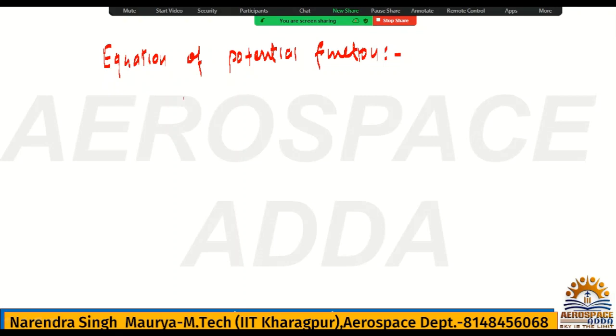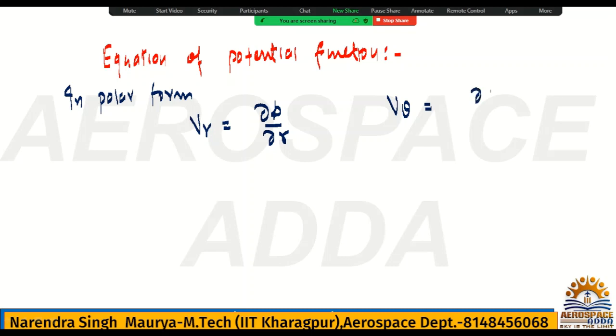In polar form, it was given Vr is equal to dou phi by dou r, and v theta is equal to 1 by r dou phi by dou theta. This value is 0.